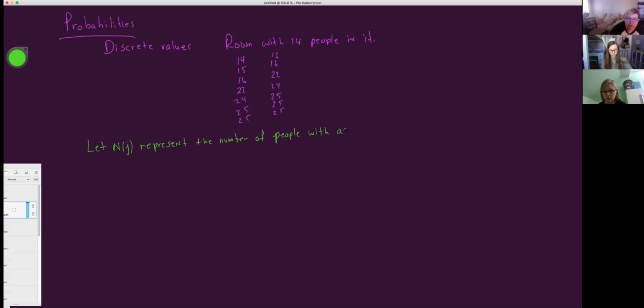Note that j is our discrete variable, right? Discrete meaning that it's not a real number. It's not a floating point number, it's like an integer, okay? This is discrete variable age. They're representing age.